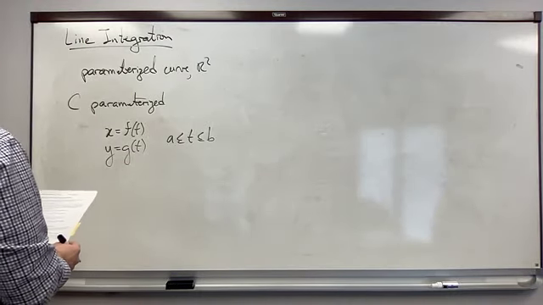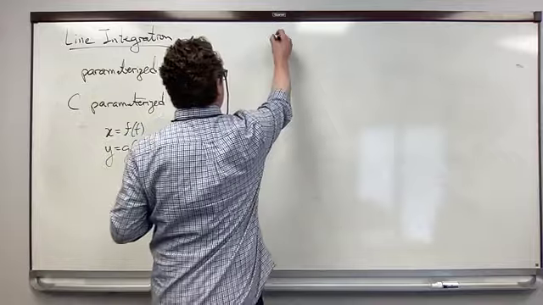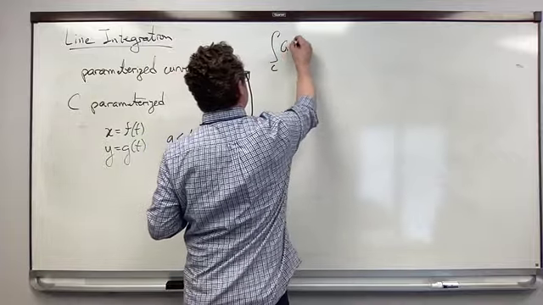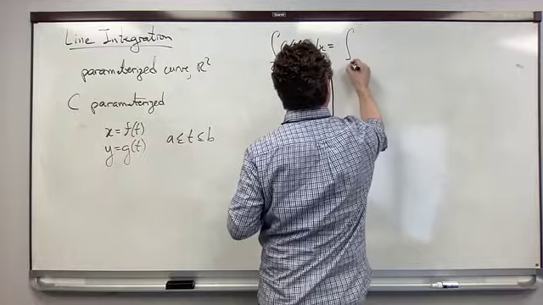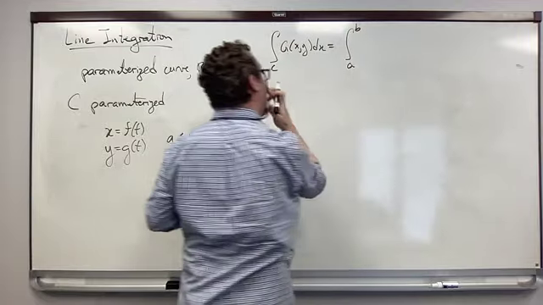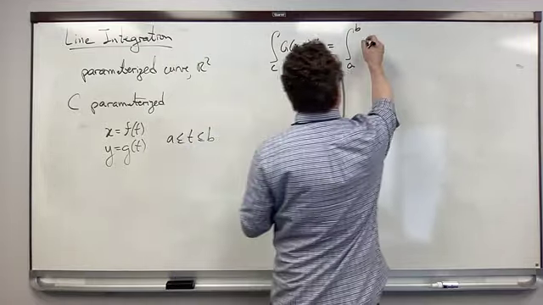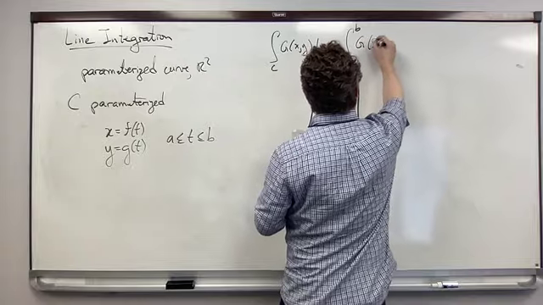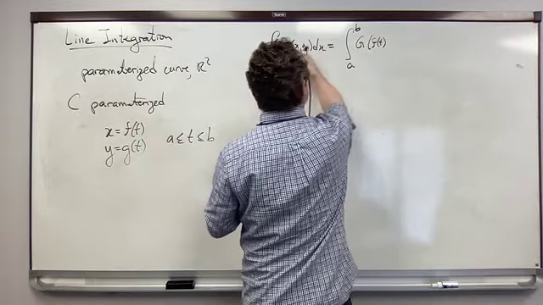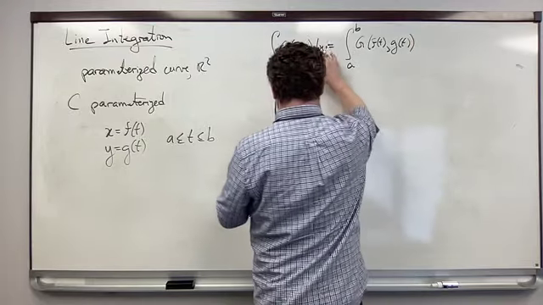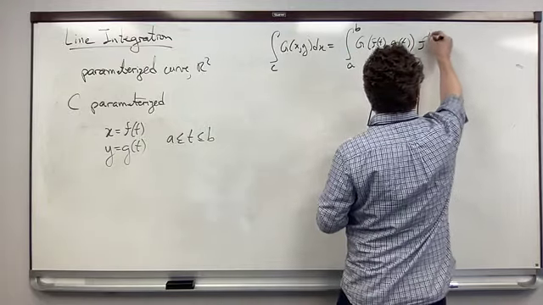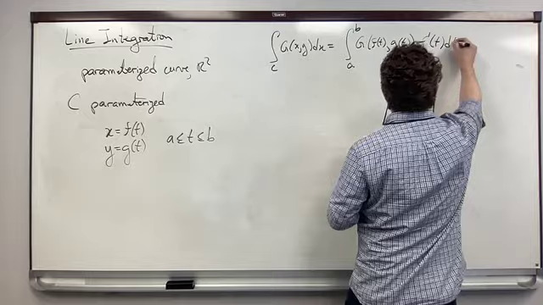So when we do this, this integral is going to become an integral where t goes from a to b, and we're going to take g of f of t, to replace all the x's in g with f of t, all the y's with g of t, and then dx is going to be f prime of t dt, right?